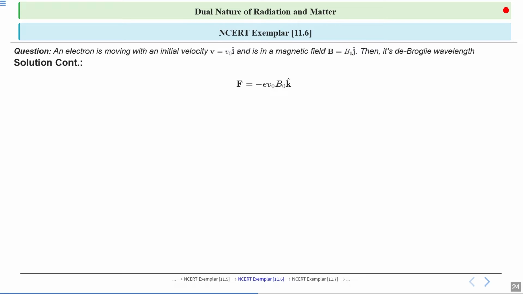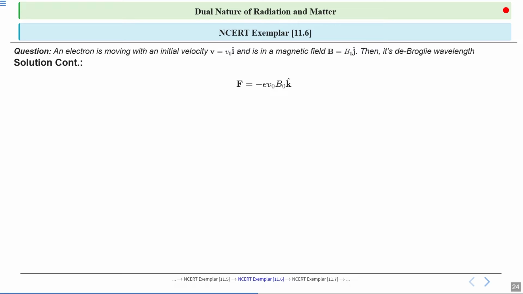Where e is the charge of the electron, v is its velocity, and B is the magnetic field. Here v is along i cap and B is along j cap, so their cross product is along the k direction, or the z-axis. The negative sign shows that the direction is opposite for an electron.